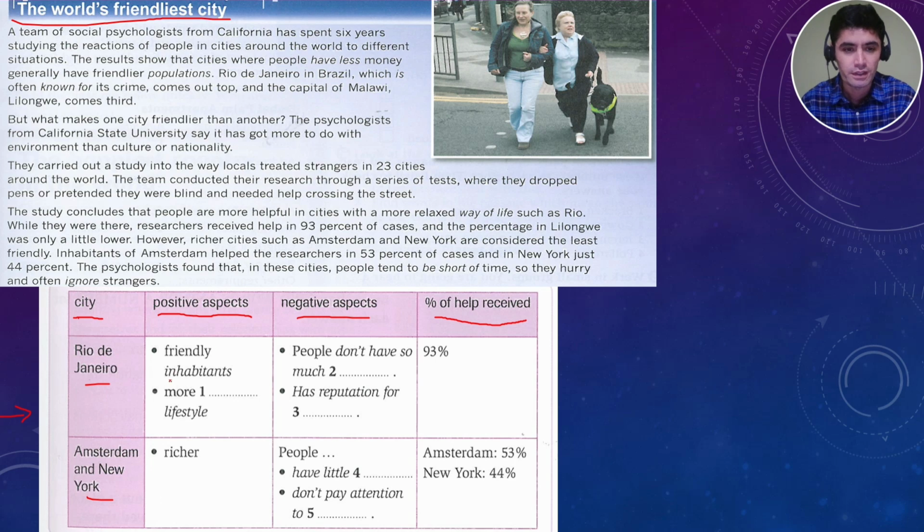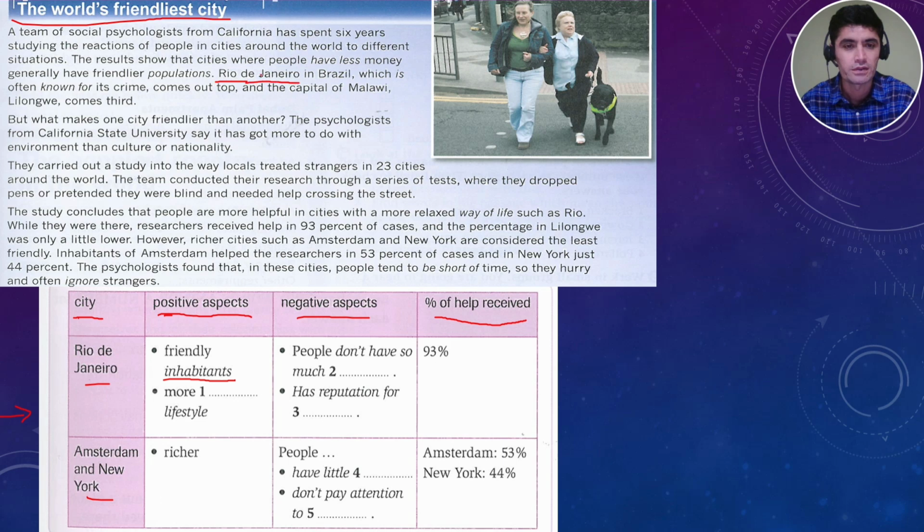Now, if we look at here, we can see some words in italics here. Inhabitants, friendly inhabitants. Let's try to find the word that has the same meaning as inhabitants from the text. So it's about friendly inhabitants. This is a positive aspect of Rio de Janeiro, friendly inhabitants. So Rio was mentioned here.